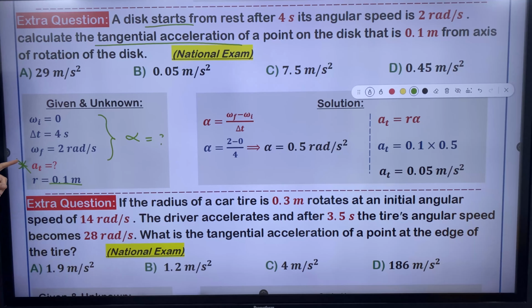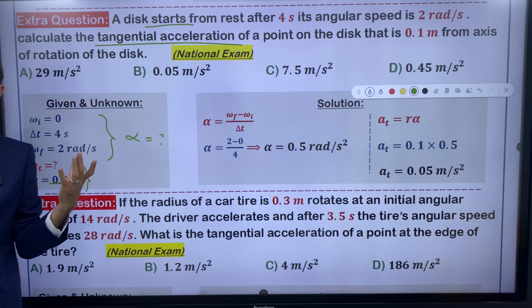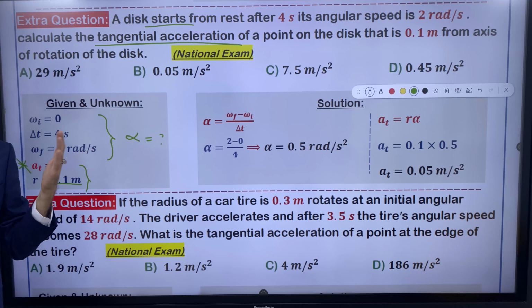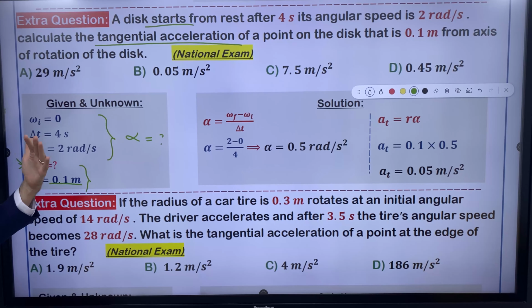So ignore AT and r; we don't need them right now. If we focus on this information, think about the kinematic equations with constant angular acceleration. We had 4 equations. I want you to think about these equations for finding alpha.